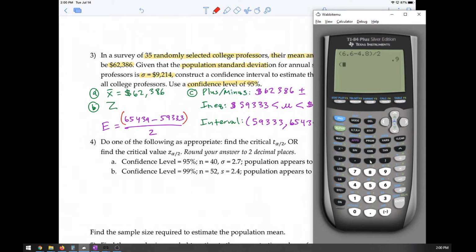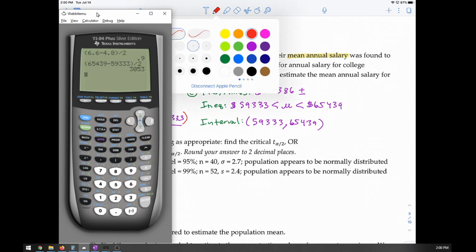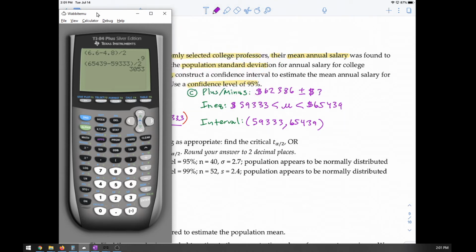So we're going to open parentheses, 65,439 minus 59,333, and then close parentheses, divide by 2. All right, so the margin of error is right there. So plus or minus 3,053.